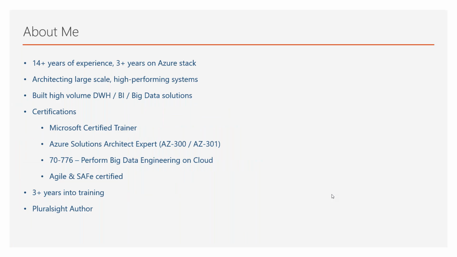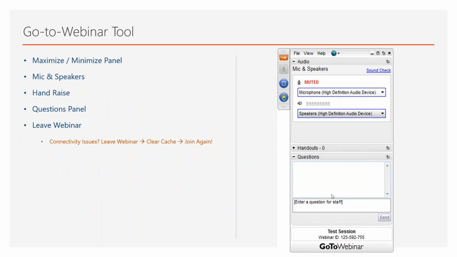Let's go ahead and see what we have for today. Go to the webinar tool. I think a lot of you are already aware, because you are saying yes and no in the panel. If anybody is not aware, you can put everything in the chat window, and we'll keep discussing your questions.